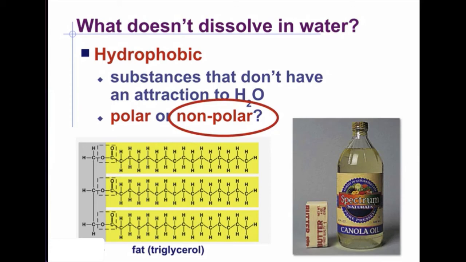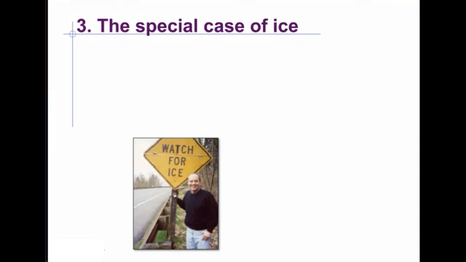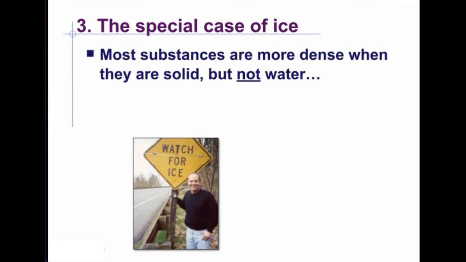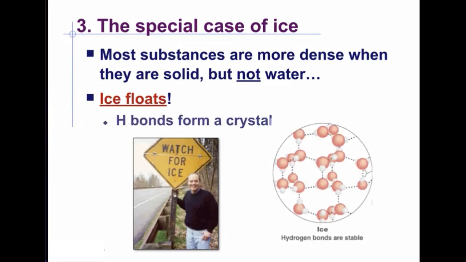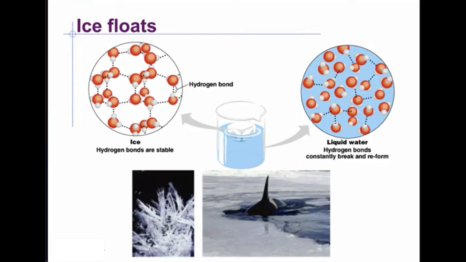Now, the third property of water is that most substances are more dense when they are solid, but not water. As you can see, ice floats, basically because hydrogen bonds form a crystal, and that crystal causes the water to float.